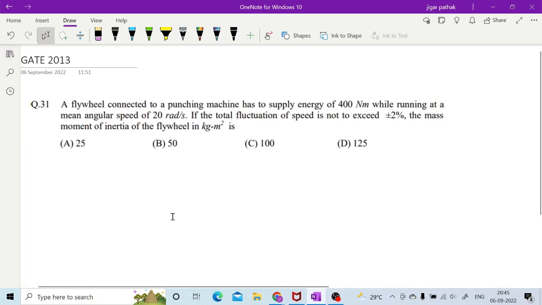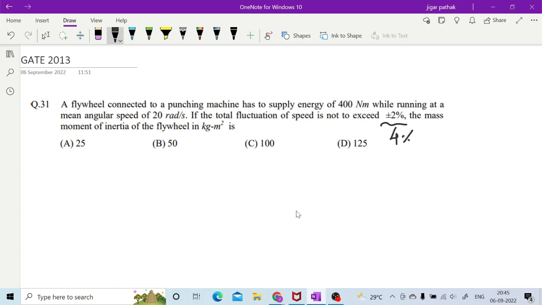A flywheel connected to a punching machine has to supply energy of 400 Newton meter while running at a mean angular speed of 20 radian per second. If the total fluctuation of speed is not to exceed plus or minus 2%, the mass moment of inertia of the flywheel is. It is also simple, I guess. This K is 4% here actually, because it is plus or minus 2%.